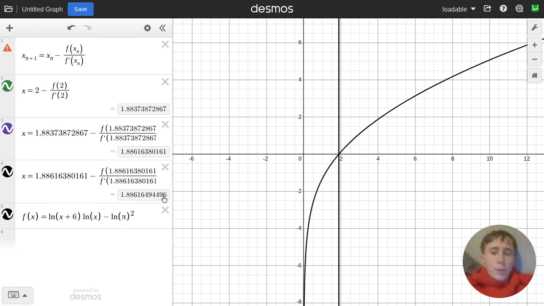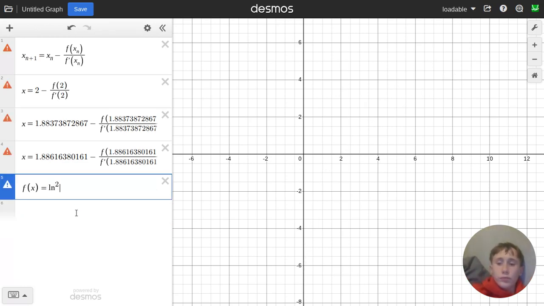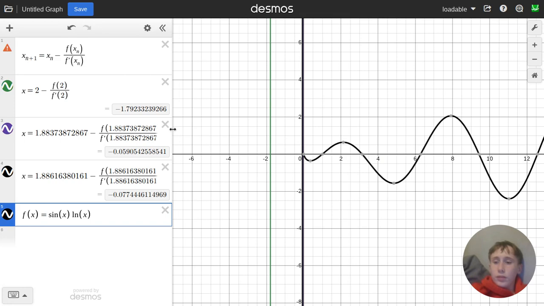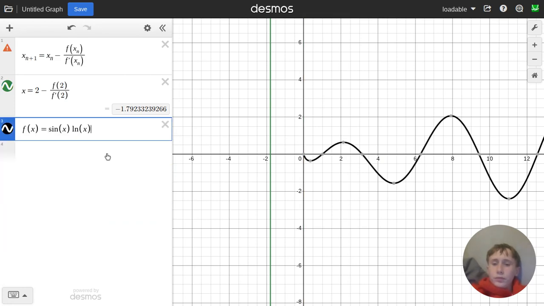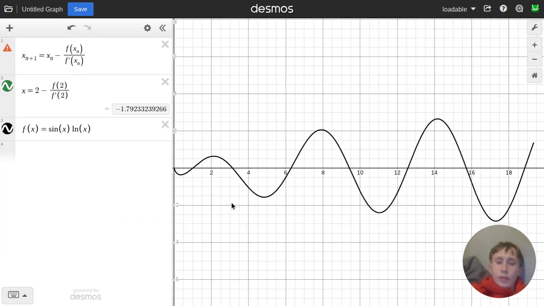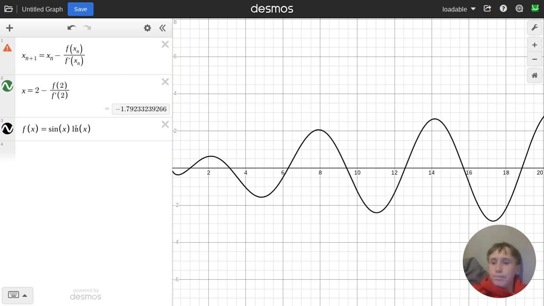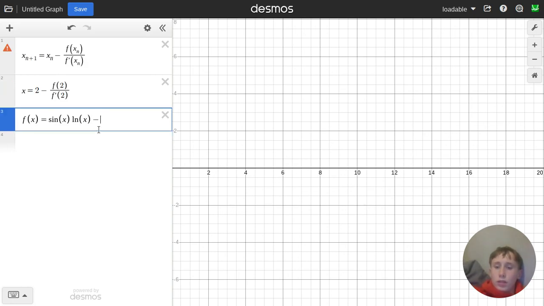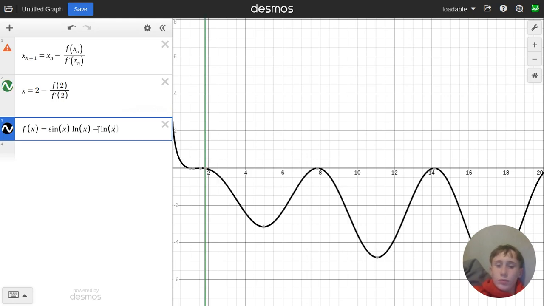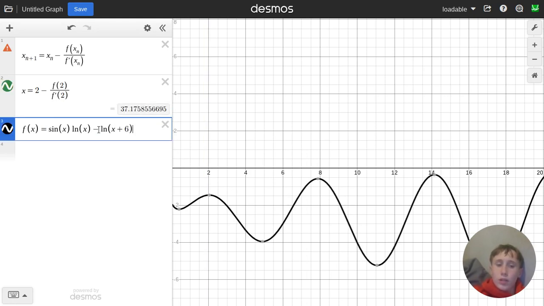In fact, I'm going to go ahead and use this with one more different function. Let's say you have something like sine x, log natural x. Okay. Like, hold on. Minus log natural x plus 6.